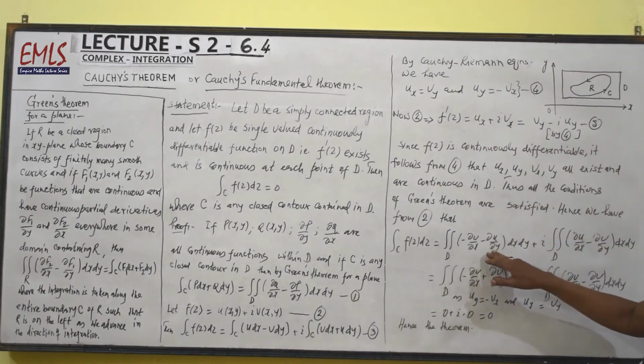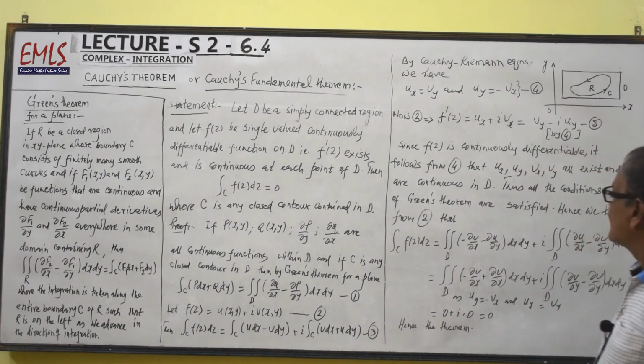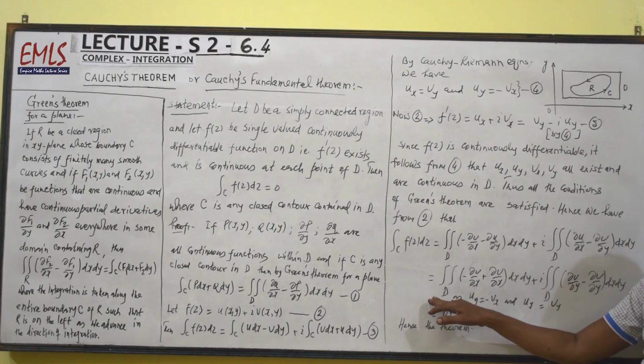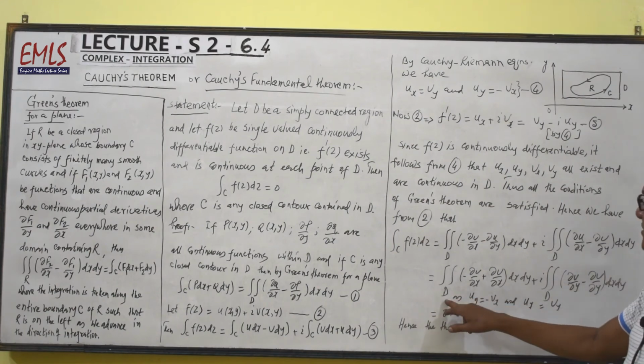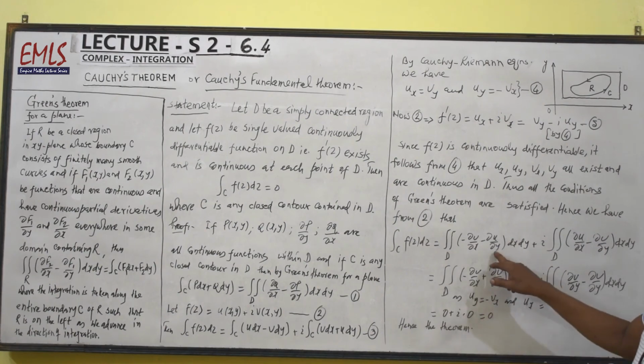On substitution we get the surface integral of (minus del v/del x minus del u/del y) dx dy plus i times the surface integral over D of (del u/del x minus del v/del y).